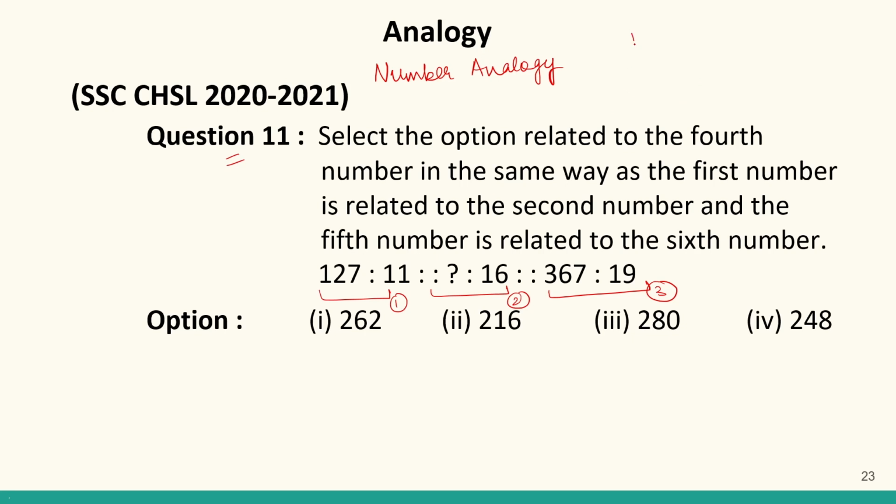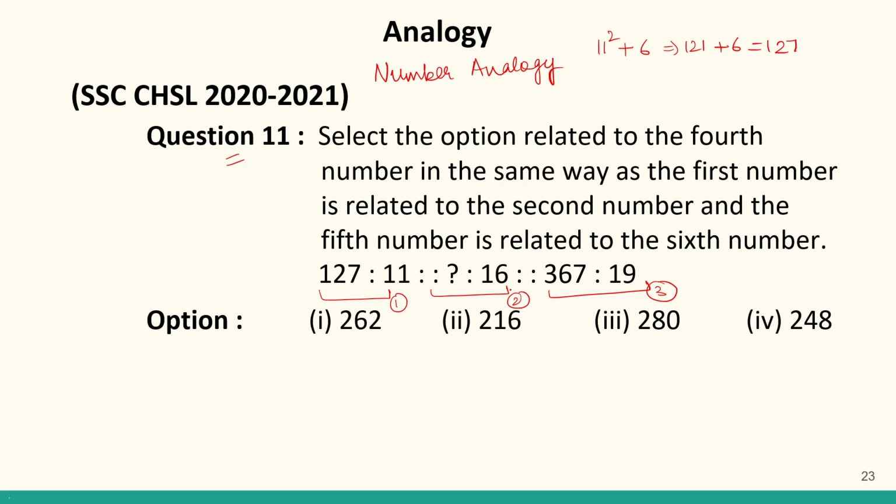So here I know that 11 square is how much? 121. And this is 6 more than 11 square. So maybe the logic is 11 square plus 6, which will mean 121 plus 6 will give us 127.